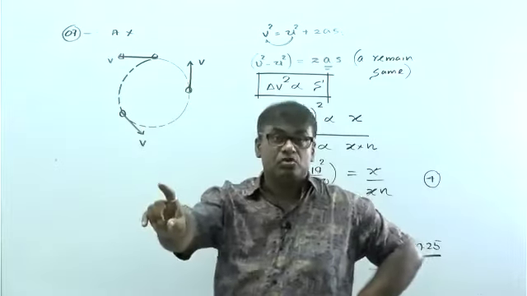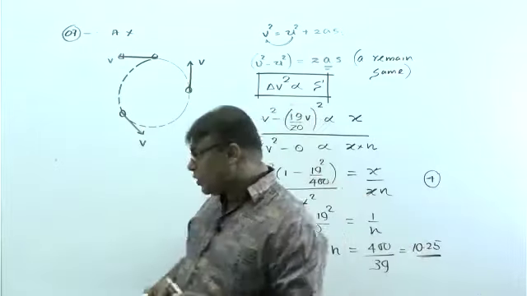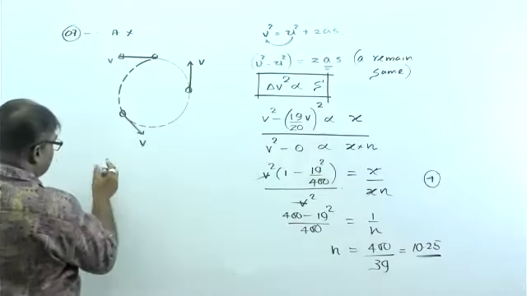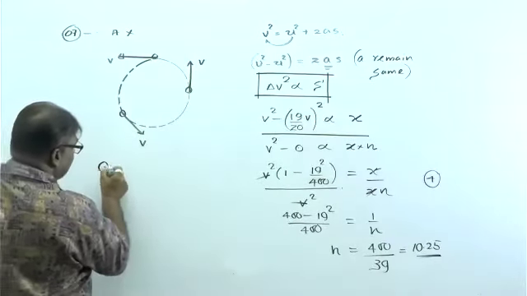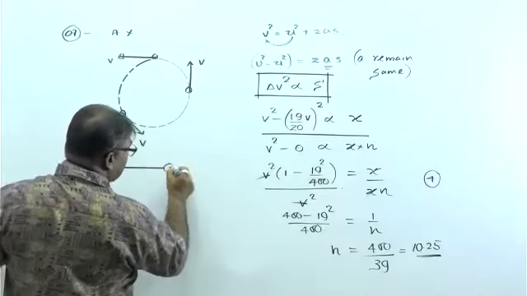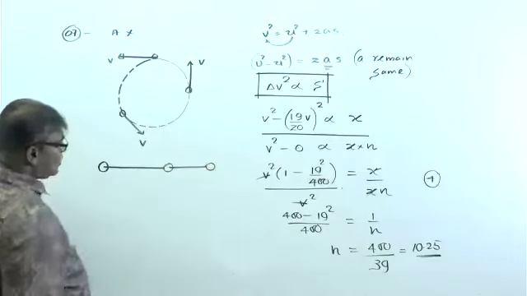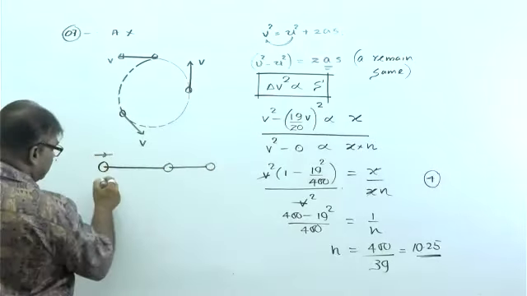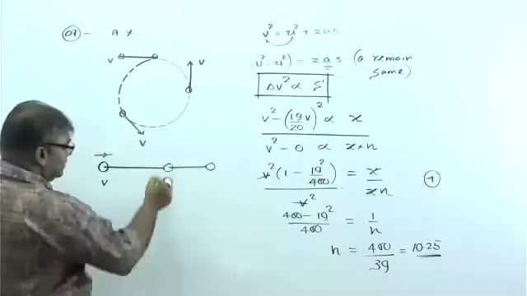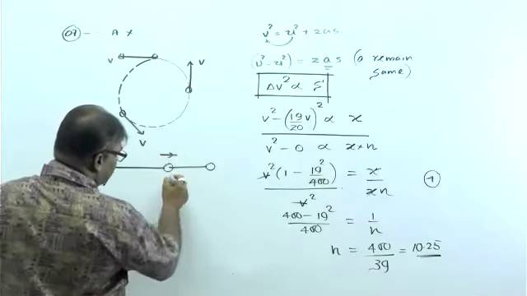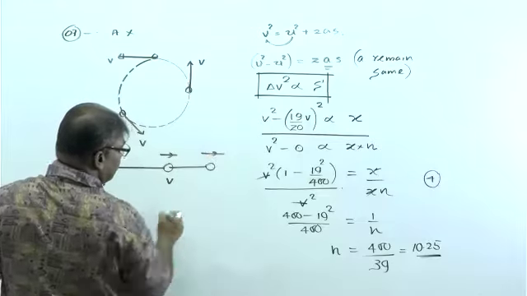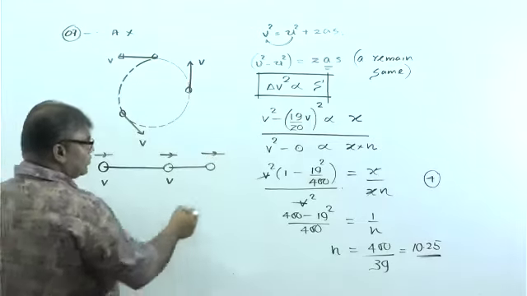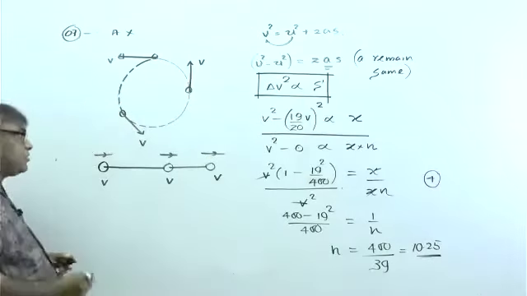But in straight line motion, it is completely wrong. Why? In straight line motion, speed and velocity are both the same. On a straight line, velocity and speed may have the same value.